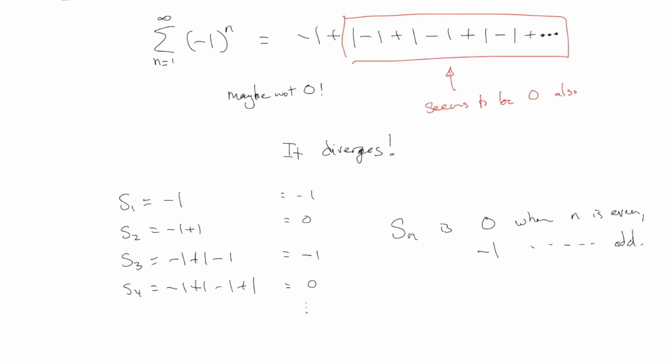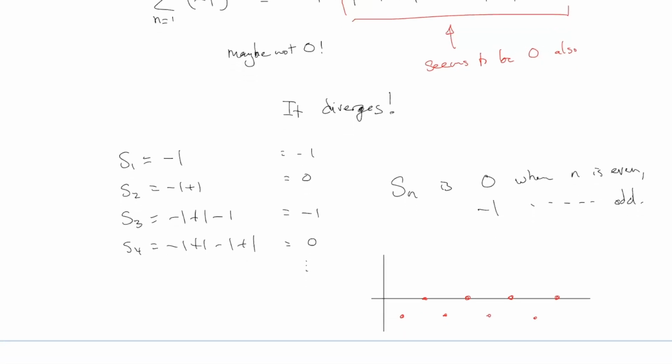There isn't an especially nice formula you can write for that, but this is what it is. You can very easily draw a little plot of these terms. They look like this: -1 and then 0, -1 and then 0, like that.